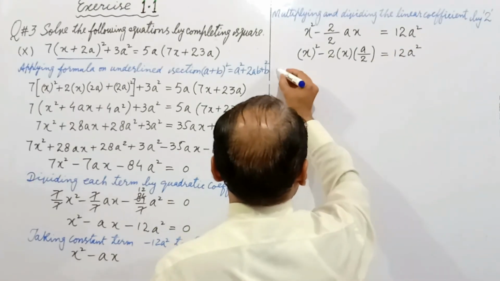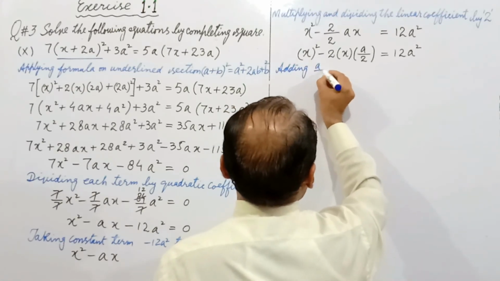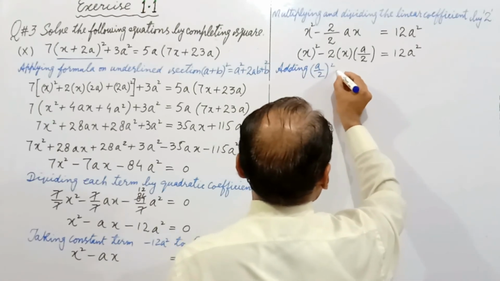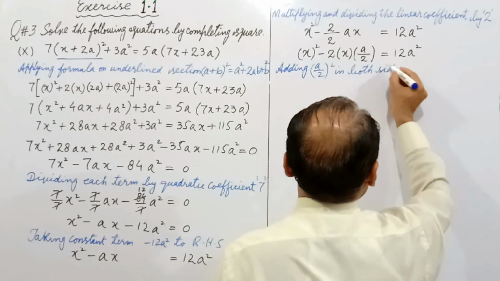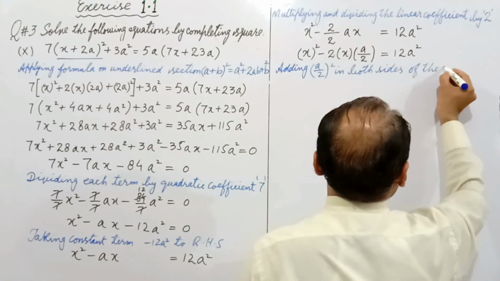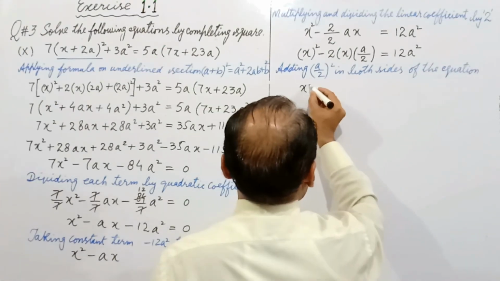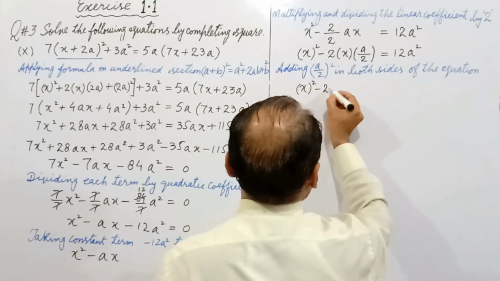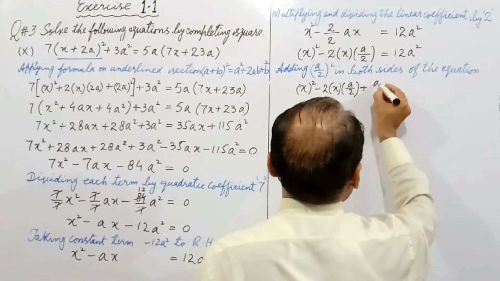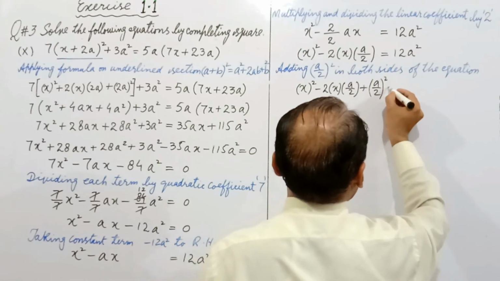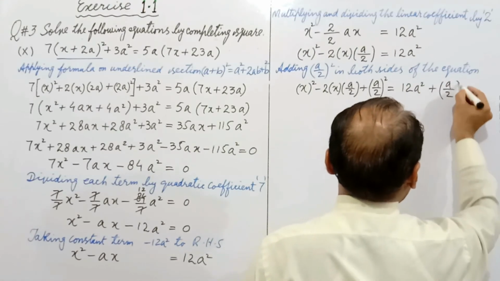So by adding a over 2 whole square in both sides of the equation, we get x square minus 2 into x into a over 2 plus a over 2 whole square is equal to 12a square plus a over 2 whole square.